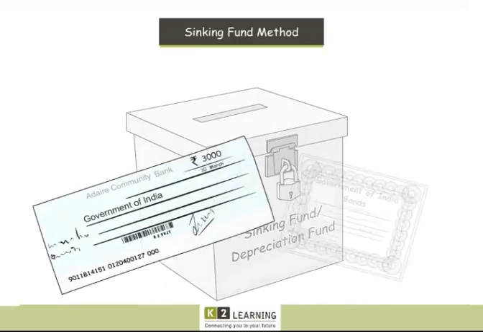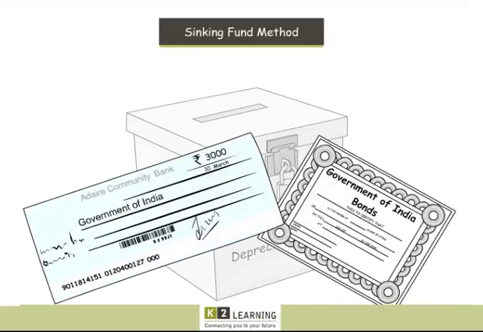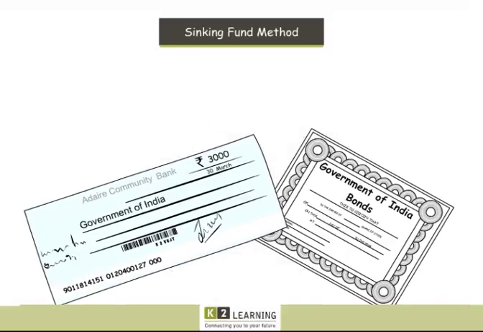An equivalent amount of cash is withdrawn from the business and invested in securities which are readily convertible into cash. The interest on depreciation fund investments is credited to the depreciation fund account.